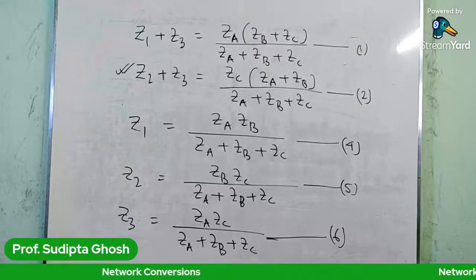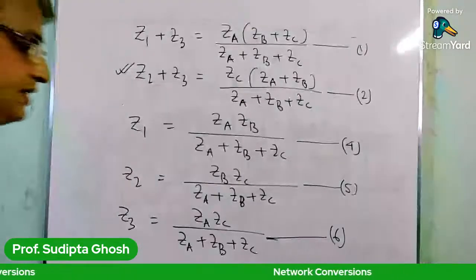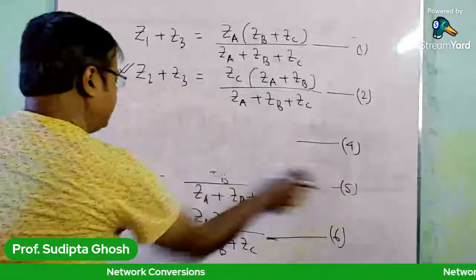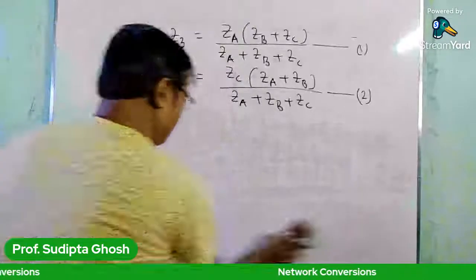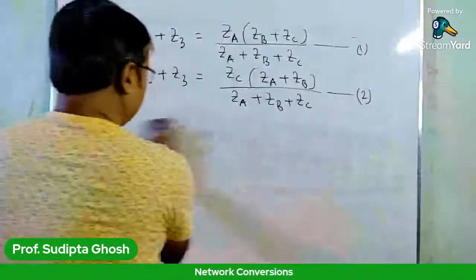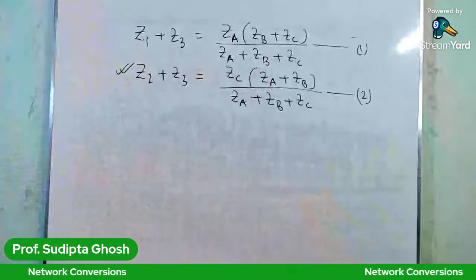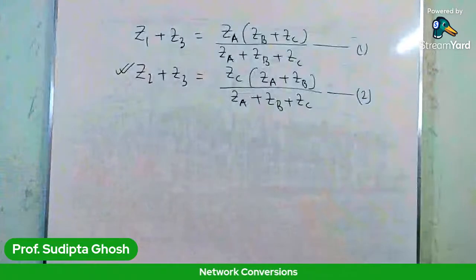If the T section impedances are given, how can the pi section be derived? This is the reverse of the topic I have discussed now.